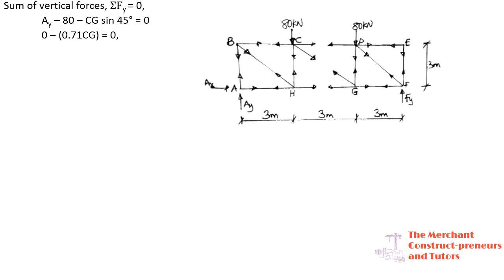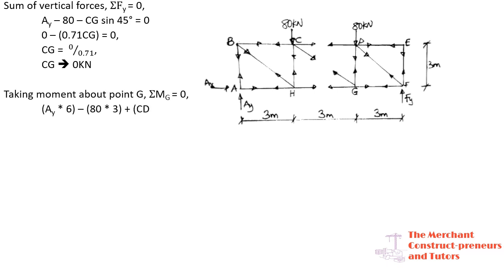Before the cut, so you have AY upwards positive, 80 at point C pointing downward negative. Then at this portion here, CD is pointing downwards for the vertical component. CD sine 45, that is minus. So when you compute these values, you have CG as 0 kilonewton.